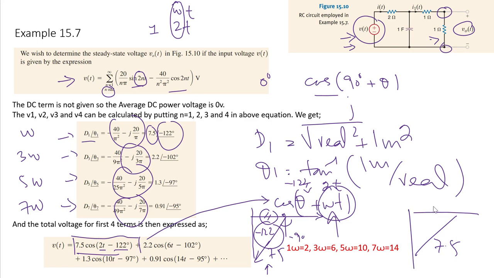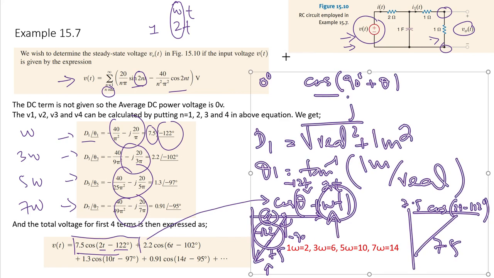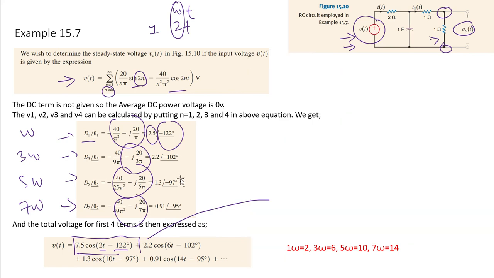So it will be a cos, and it will have 7.5 cos of 2t minus 122 degree. So this is the first term, and it is a bit clear now how this term came. Okay, so we will apply the same technique on other terms as well.